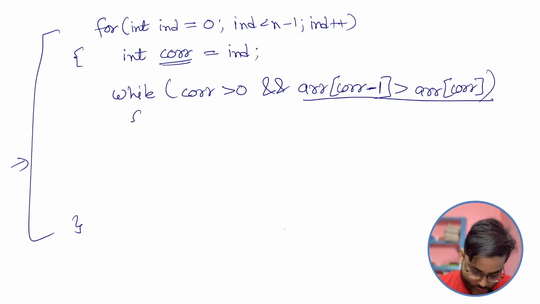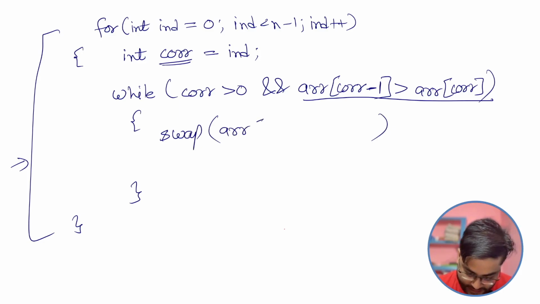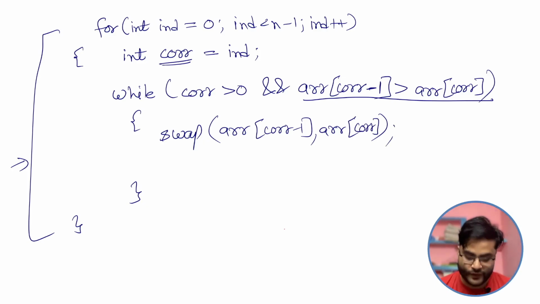So I will keep on swapping the previous element and the current element. Our current element is this one, right? After this I will decrement it.